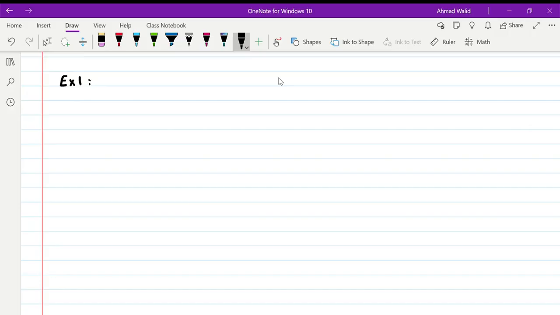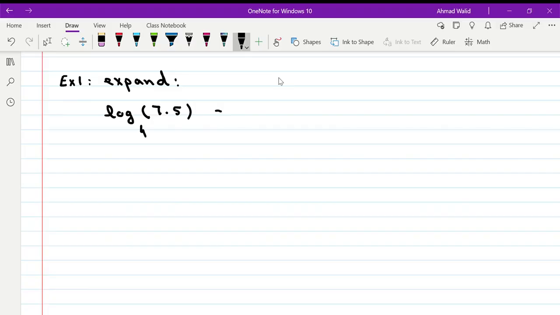Example number 1, expand. They're asking you to write this logarithmic expression in expanded form, or in simple language, just expand. Log of 7 times 5 base 4.